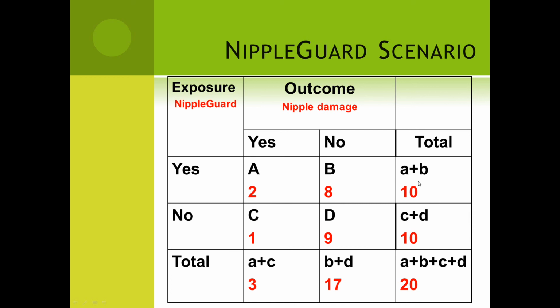We know there were 10 in total in that group, so we can work out that 8 didn't have nipple damage. And then we can put in the data for the number of women who got nipple damage who didn't use the lotion. No lotion, 1. We know there were 10 in the group, so that meant that 9 didn't have nipple damage.